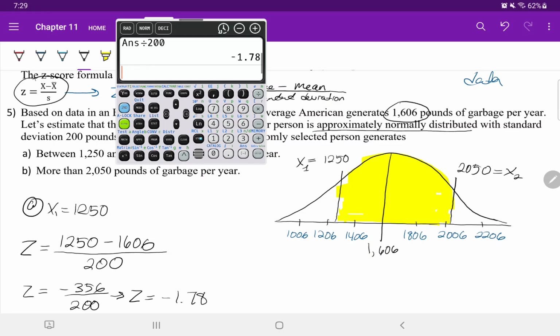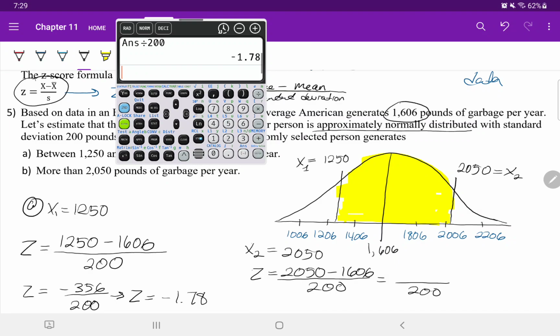All right. Let's do the same thing for the next data value. That is going to be 2,050. So z equals 2,050 minus 1,606 divided by 200. Let's go ahead and do that.